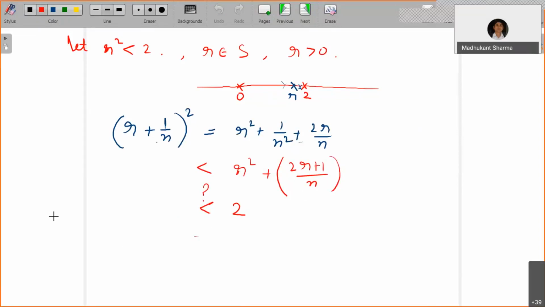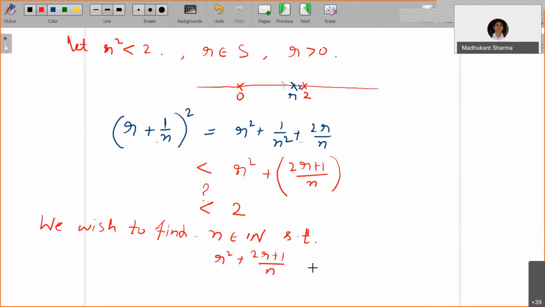So we wish to find a natural number n such that r square plus 2r plus 1 by n is strictly less than 2. This is if and only if 2r plus 1 by n is strictly less than 2 minus r square.